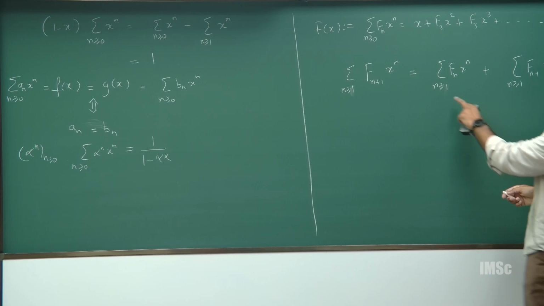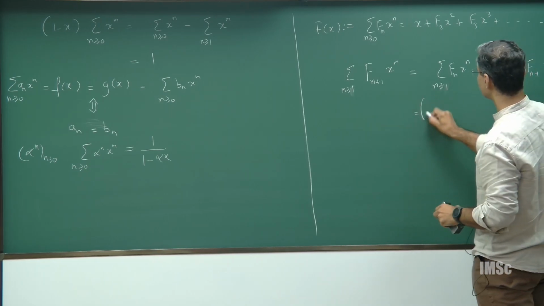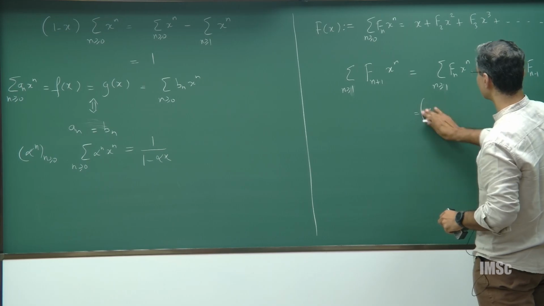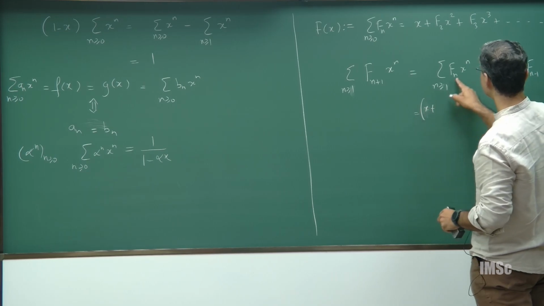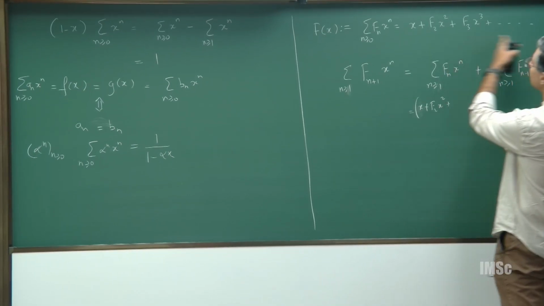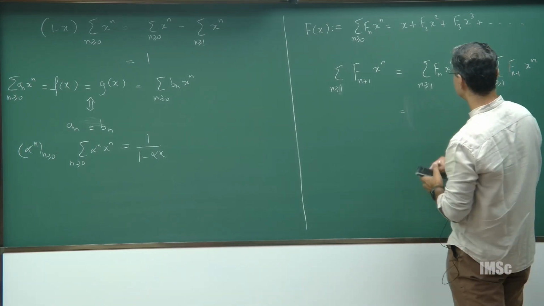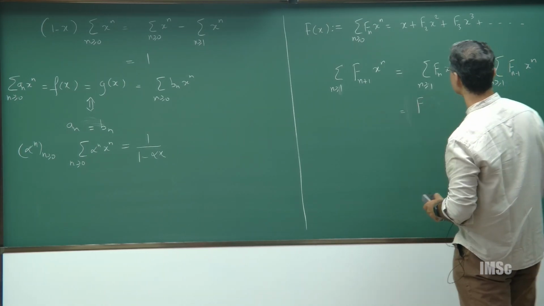Well, let us see what is this. This is n is equal to 1. This is just what? So, f1 x. So, f1 is 1 plus f2 x square plus f3 x cube. It is exactly the same sequence, right. So, let me just write f for that.